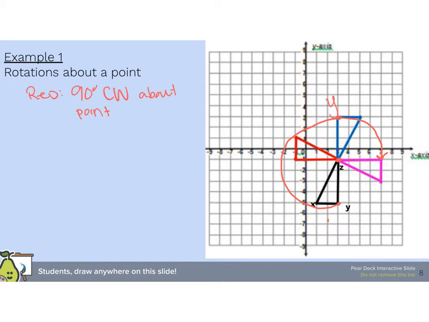Y, no, point Z, that's the point that's not moving. To get to the blue, it's a 180-degree rotation. I don't need the direction. Remember, clockwise, 180 doesn't matter which way you go. 180-degree rotation about point Z.